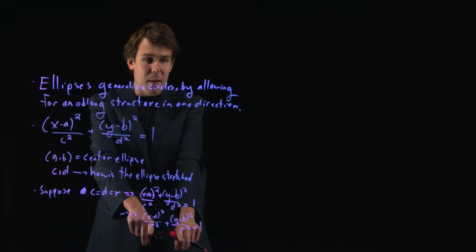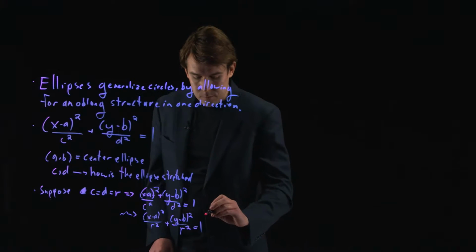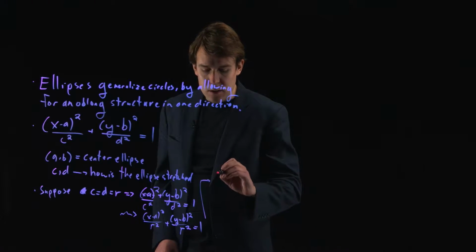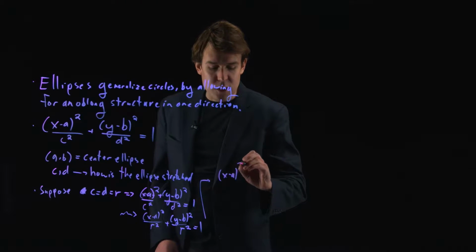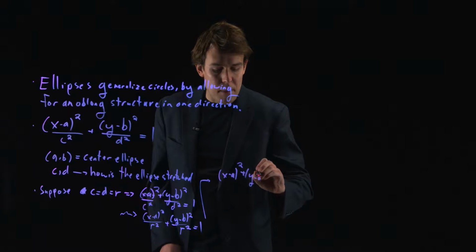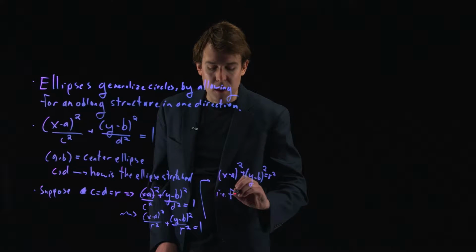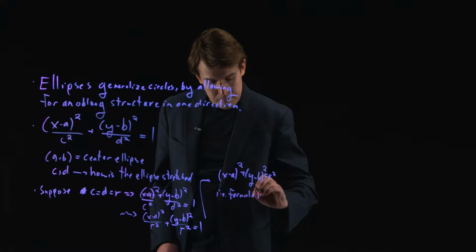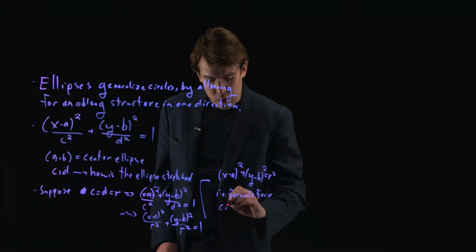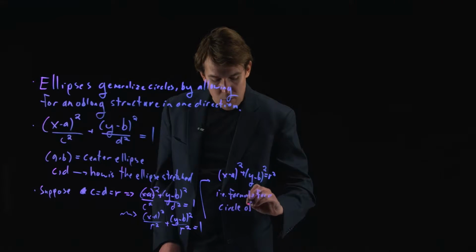So it's the same denominator for both of these. And this yields (x minus a) squared plus (y minus b) squared equals r squared, which is just the formula for a circle of radius r.